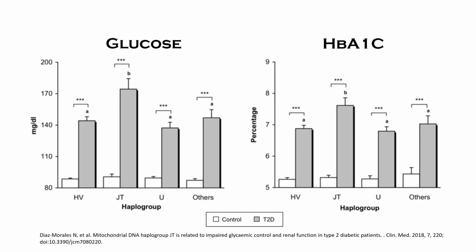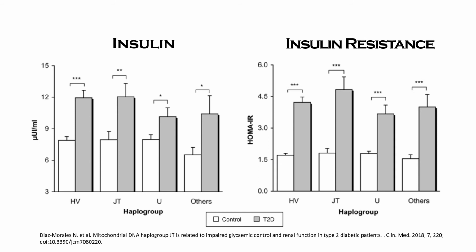Here we can see the graphs showing the parameters related to glycemic control and insulin resistance. As expected, glucose levels and A1C between control subjects and diabetic patients remain statistically significantly different after adjustment for age, sex, and BMI. Also, as expected, the results for insulin levels showed statistically significant differences between the control group versus the patients with type 2 diabetes across all the different haplogroups.